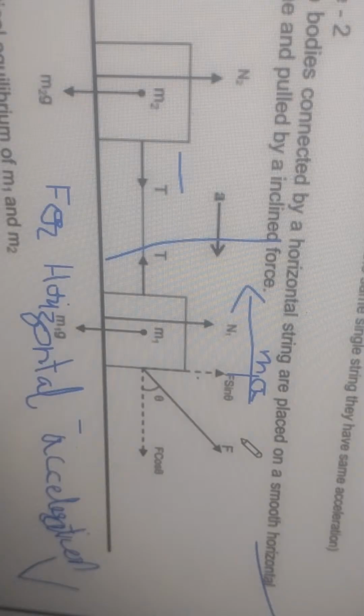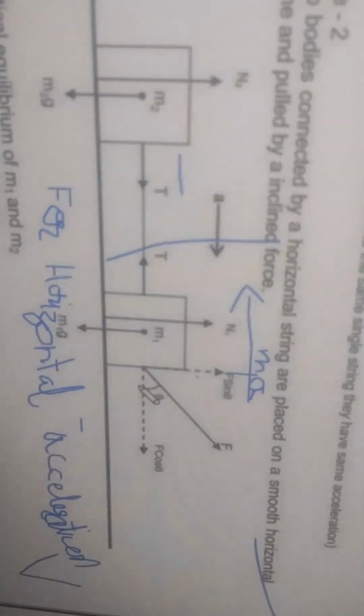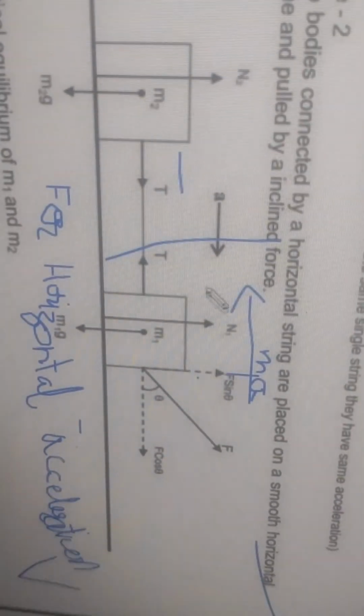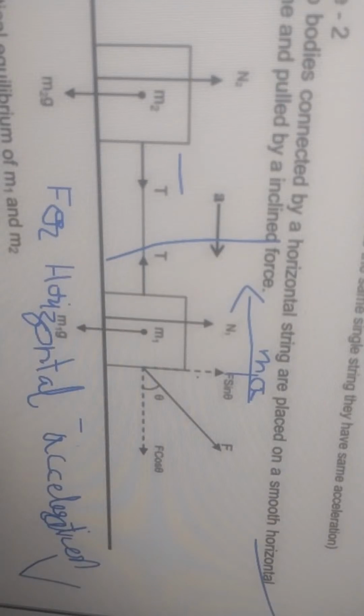So T plus m1a is equal to F cos theta. Because we are considering horizontal acceleration, we have to make the horizontal acceleration equilibrium equation.